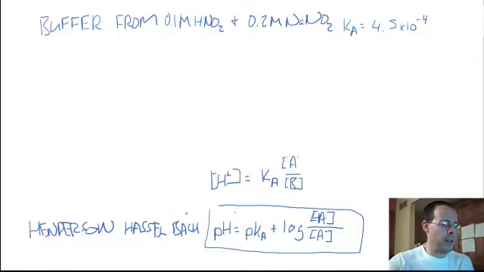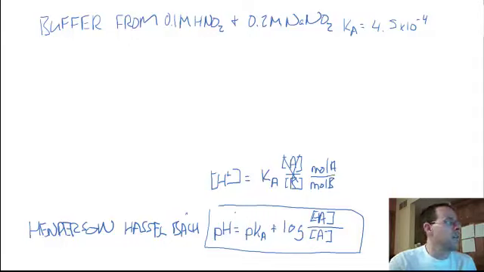However, because these concentrations are going to be the same for both of our solutions, we can instead just go moles of acid over moles of base. We really just want a ratio. And we're going to multiply that ratio times our Ka, and that's going to give us our H plus concentration.